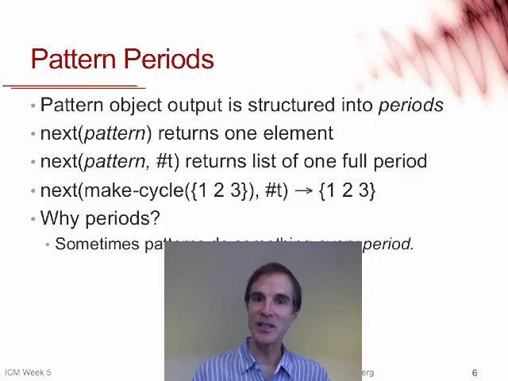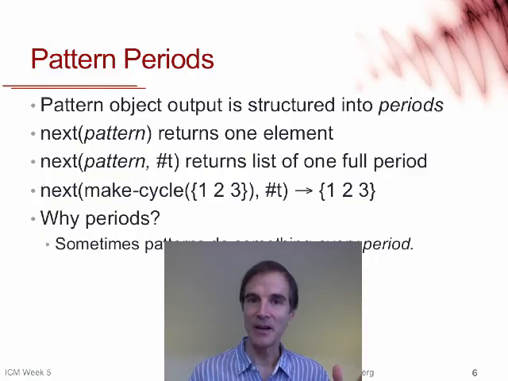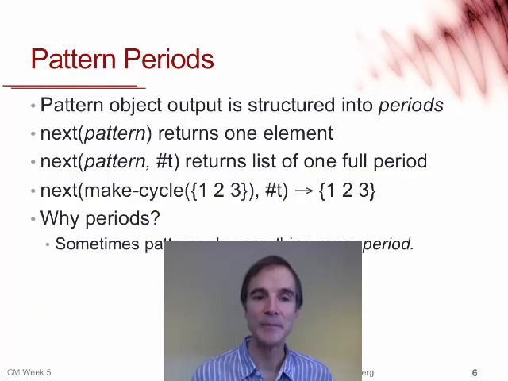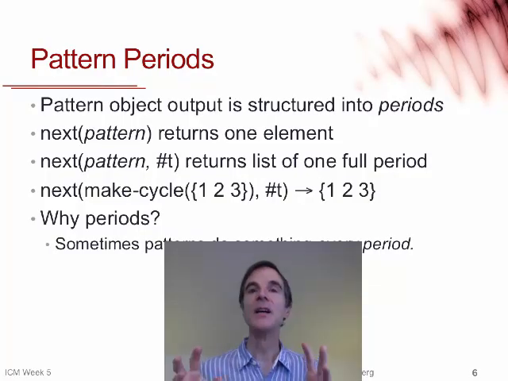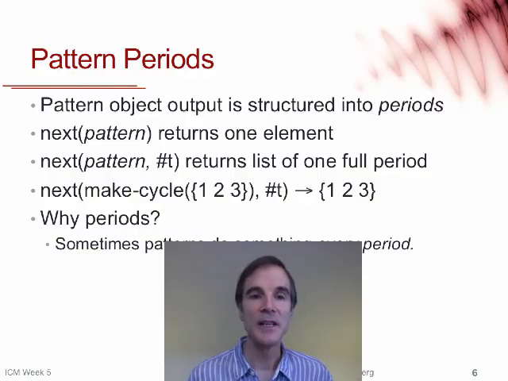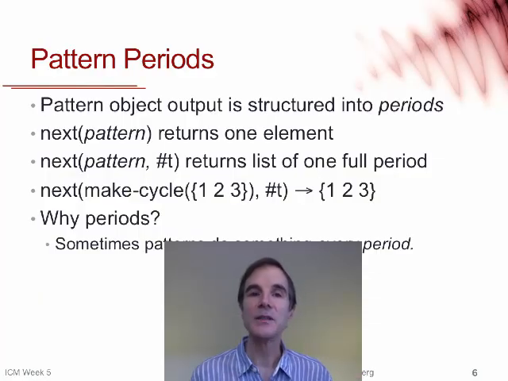A period is just a collection of a subsequence of what is generated by a pattern. Patterns can be defined differently to change the period length and how the period is defined. But there's always a default period.